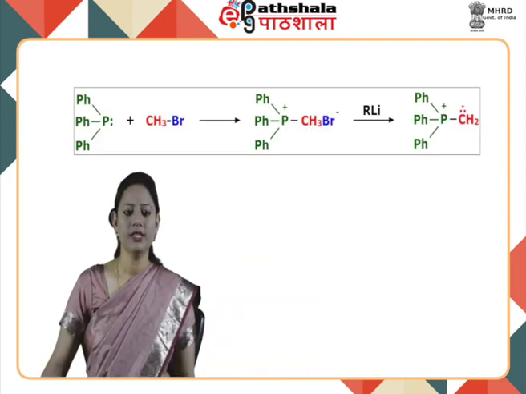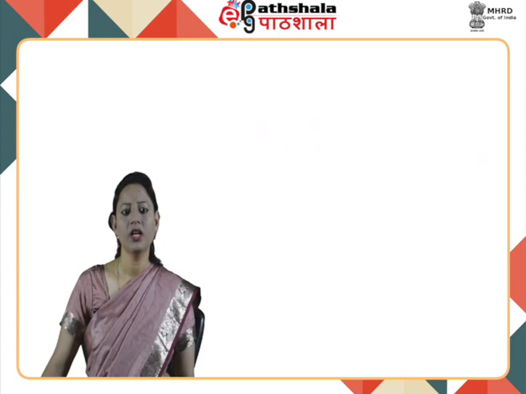For example, triphenyl phosphine, PPh3, when treated with methyl bromide forms an intermediate, triphenyl phosphonium methyl bromide, which on reaction with butyl lithium forms a carbanion, CH2 minus. The carbon which is attached to phosphorus has a negative charge. So this ylide also has a carbanion-like species.